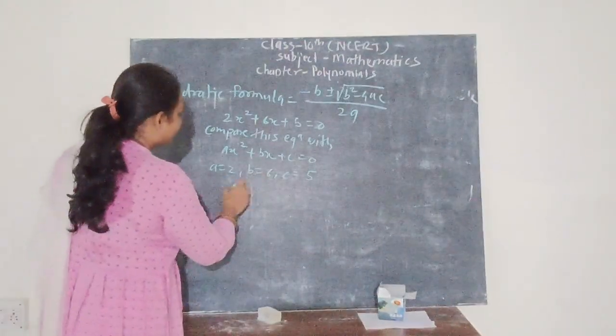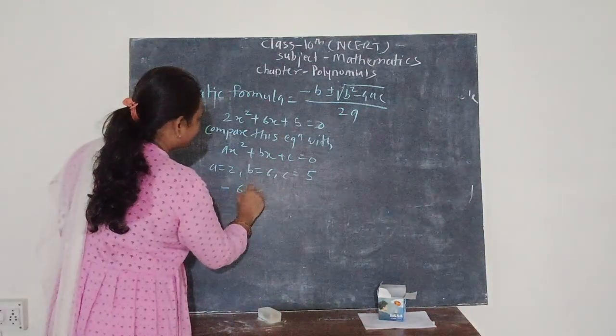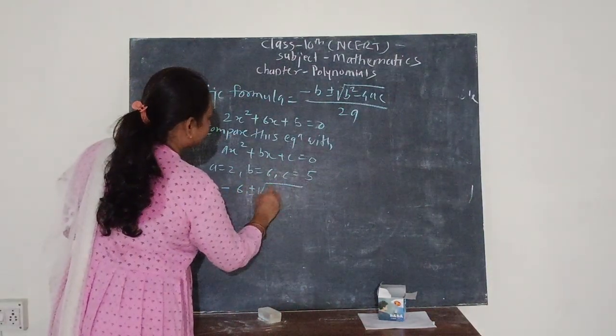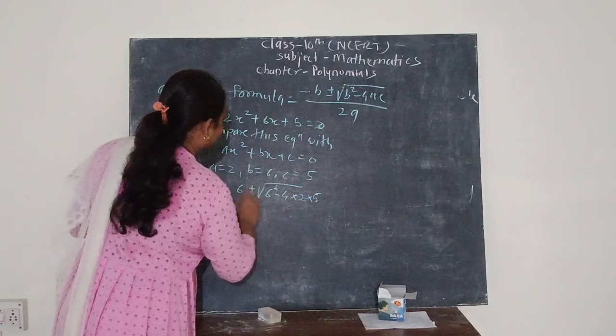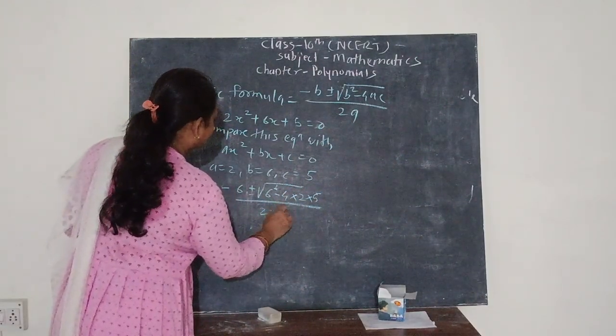Put minus 6 plus minus under root 6 square minus 4 into 2 into 5, upon 2 into 2.